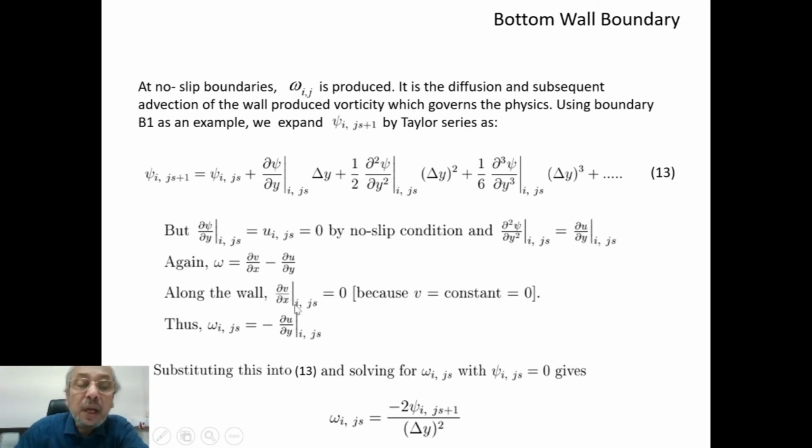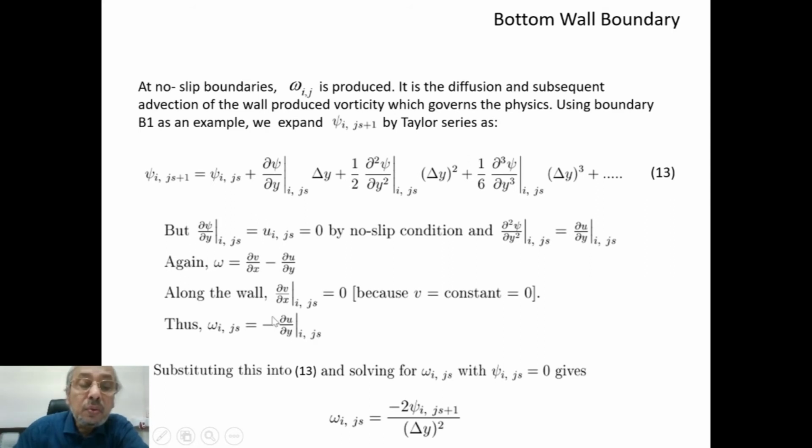Now in this equation, if we substitute del v del x as 0, then omega at ijs, at the wall, becomes minus del u del y at ijs, and del u del y is prevalent there because it is within the boundary layer from the first point, and this is the velocity gradient present at the wall.